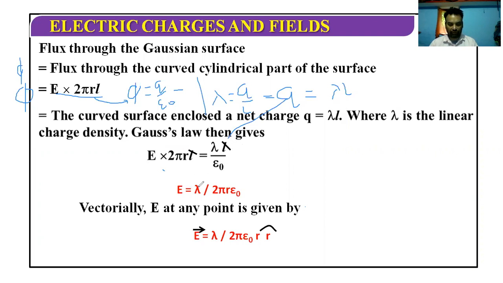So E is equal to lambda upon 2 pi R epsilon naught. So this is the value of electric field at a point P.